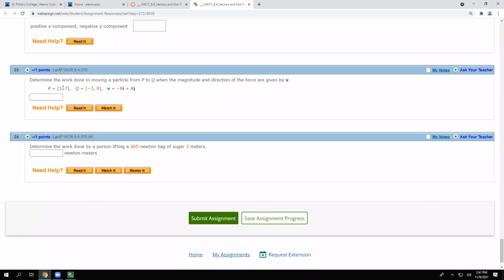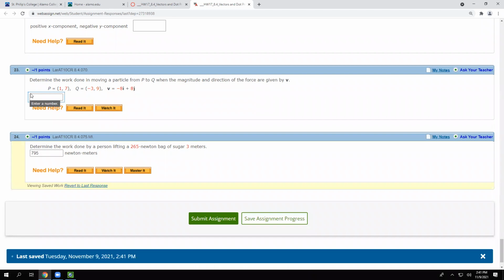So even though this one looks a lot like number 24, apparently for 24, all you have to do is 265 times 3. And that one's easy. I get 795. This one, though, you actually have to do some computation for it. So I actually want to do a number like number 3. So this is 8.4, number 23.